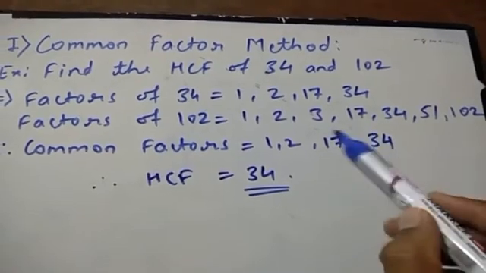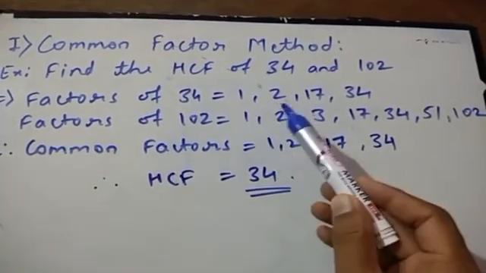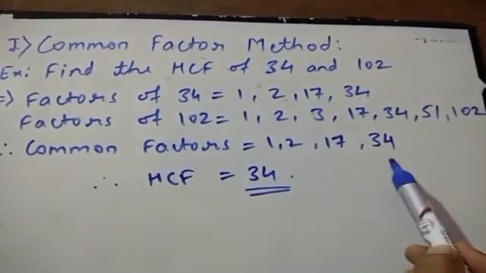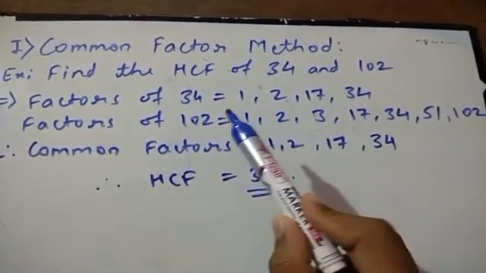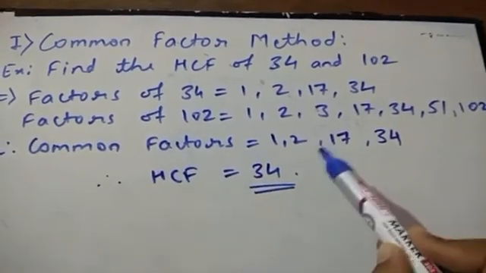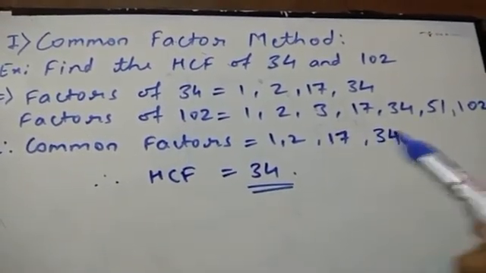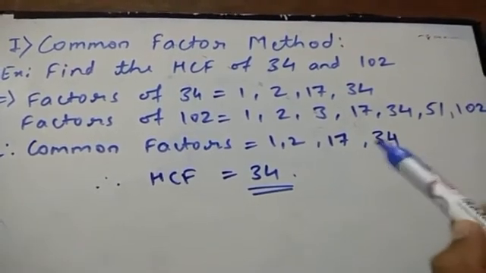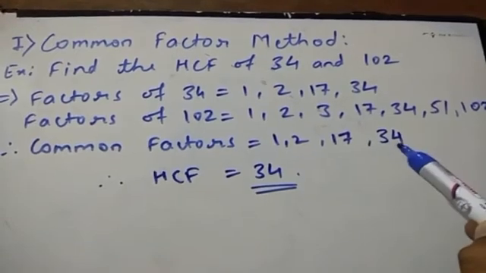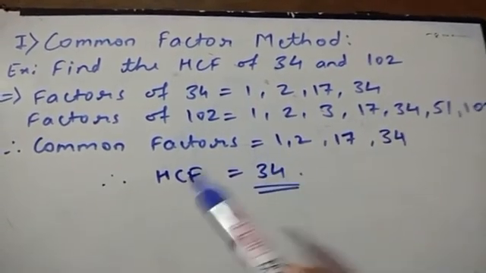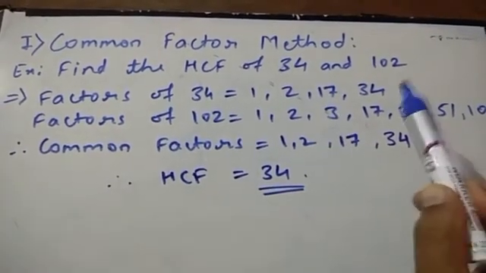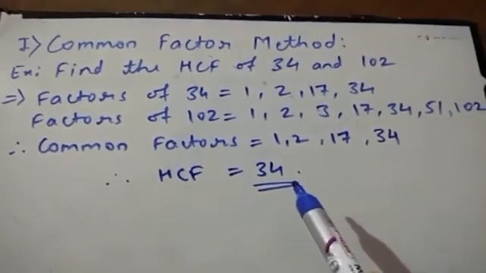We can see that 1, 2, 17 and 34 are common factors, the factors of both 34 and 102. But we don't want common factors, we want the highest common factor. Therefore 34 is the highest common factor. So the HCF of 34 and 102 is 34.